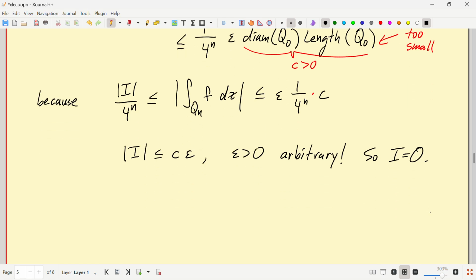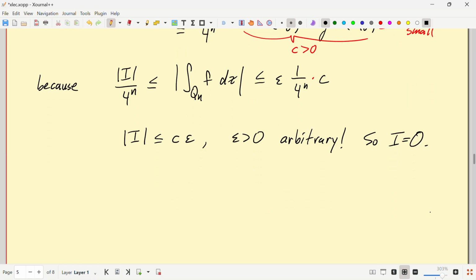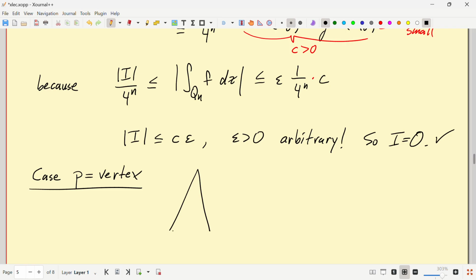Well, let's see. That takes care of the case of P not in the triangle. Now I need to do the case of P in the triangle. First I'll do the case P equal a vertex. Here's my triangle, and my P is going to be a vertex.